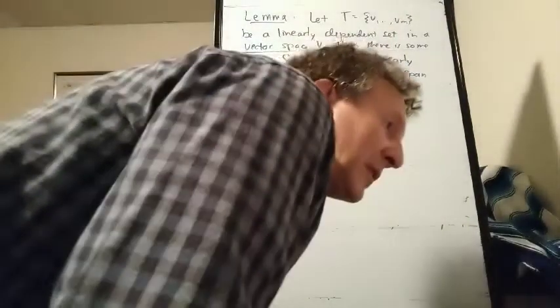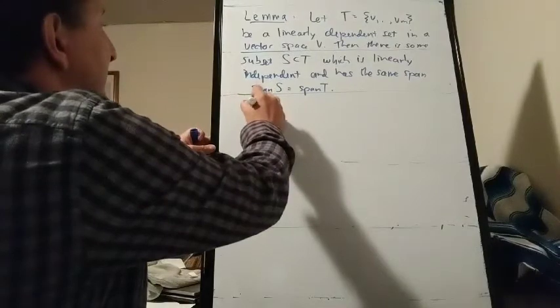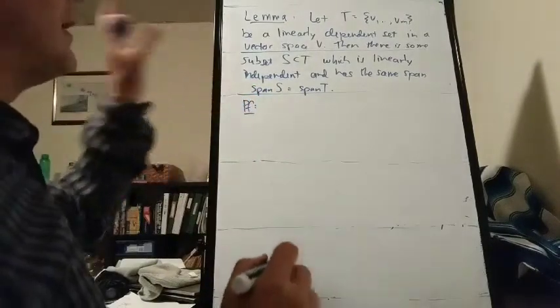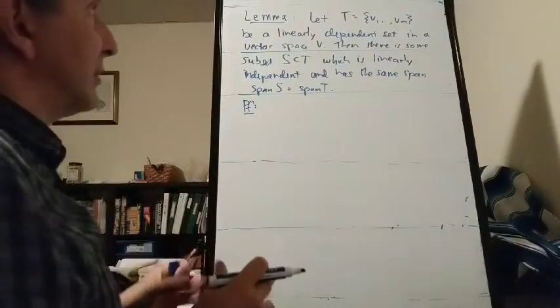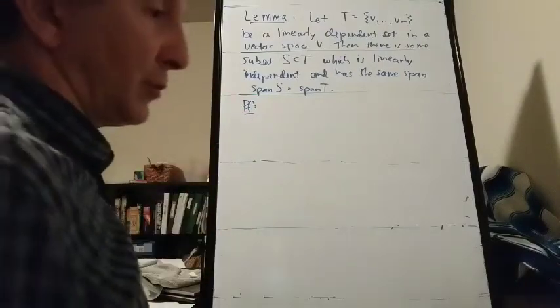So span of S equals span of T, even though S is only some of the vectors that are in T. So we can throw away some vectors and still have a set that has the same span as the first one.